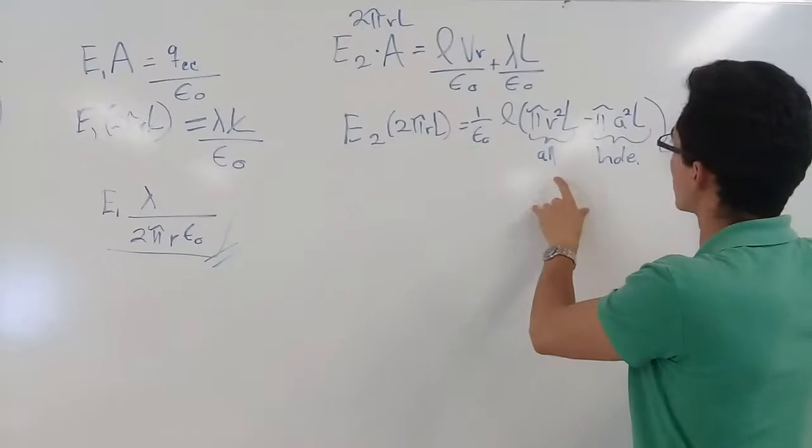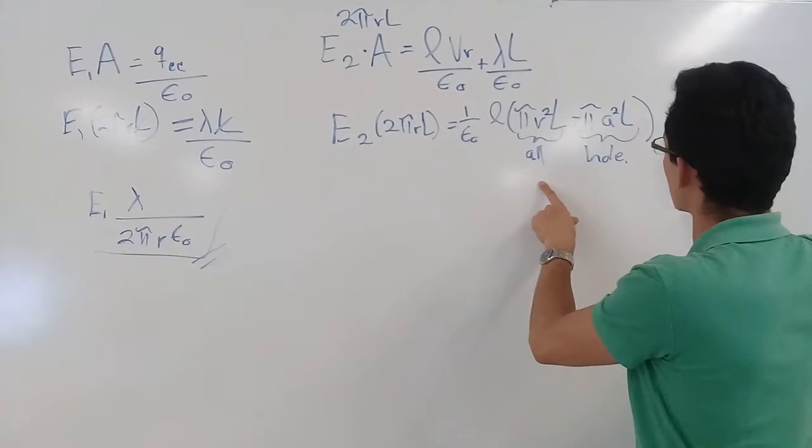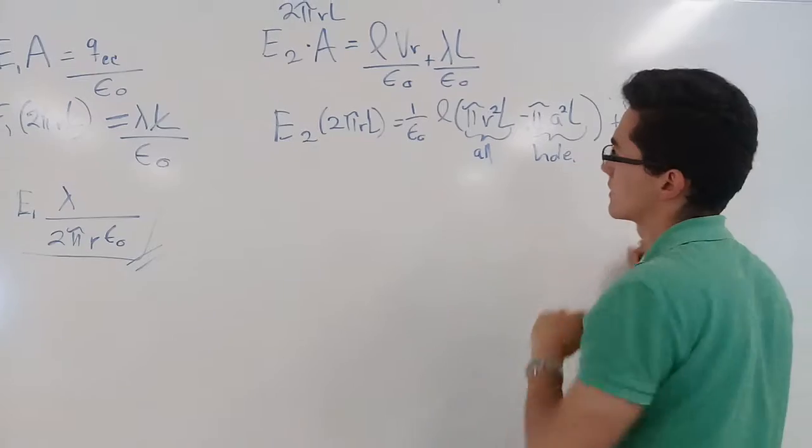So once we have this, we have to sum lambda L over our constant.